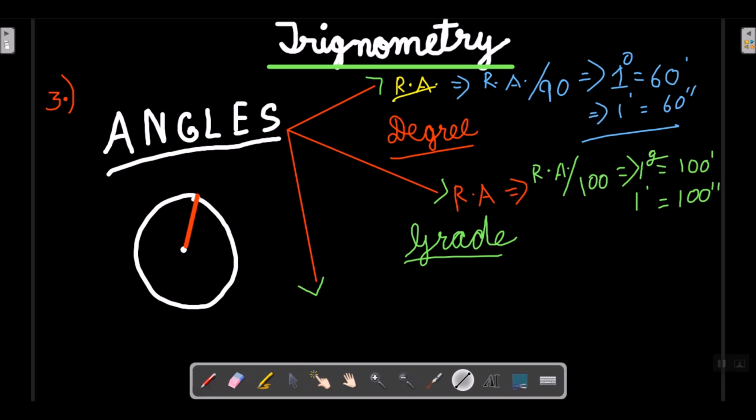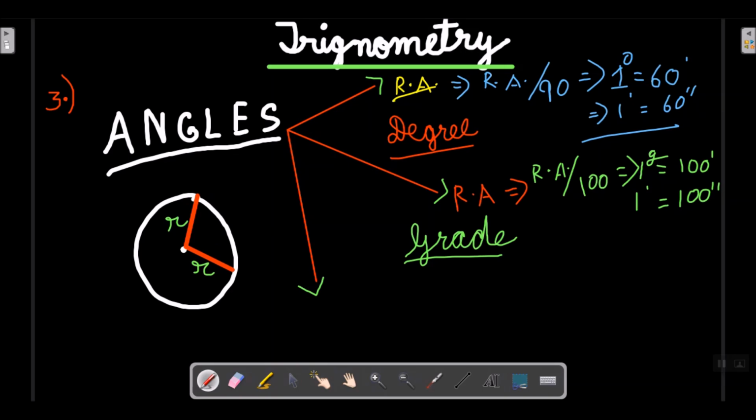I have taken the radius and again taken another radius. This radius is equal to r, and this radius is also equal to r.